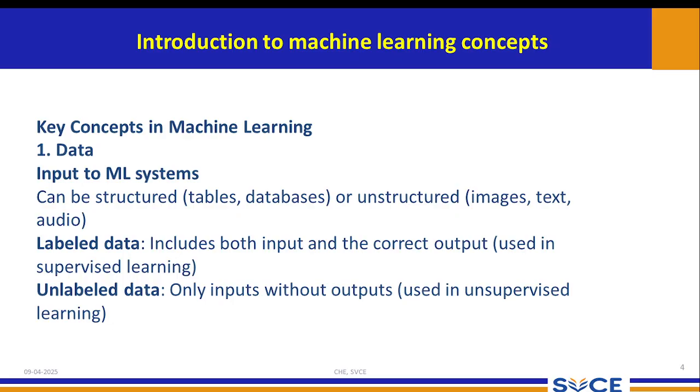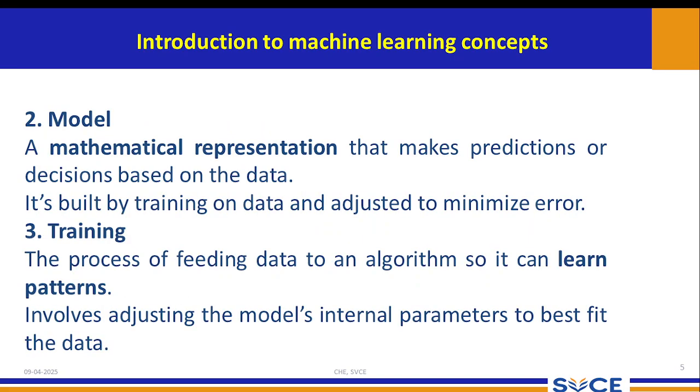The key concepts in machine learning are data, labeled data, and unlabeled data. We should know the difference between labeled data and unlabeled data. Labeled data includes both the input and the correct output. Unlabeled data has only inputs without outputs.